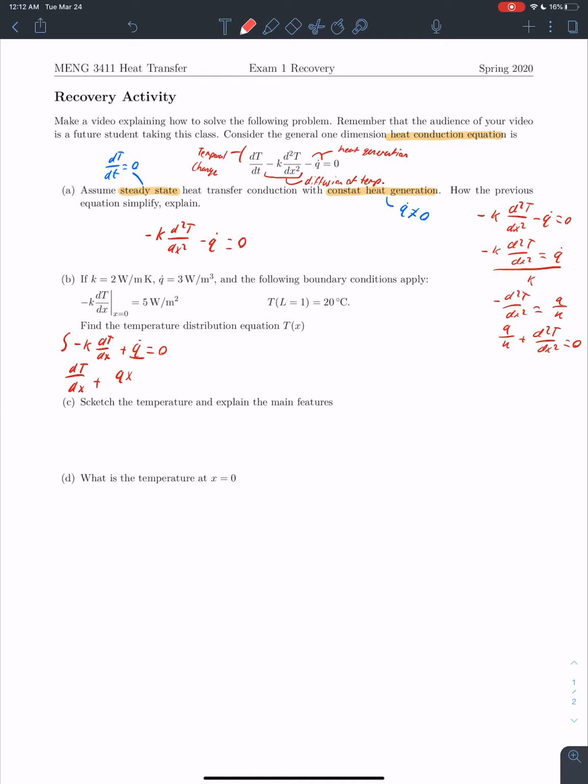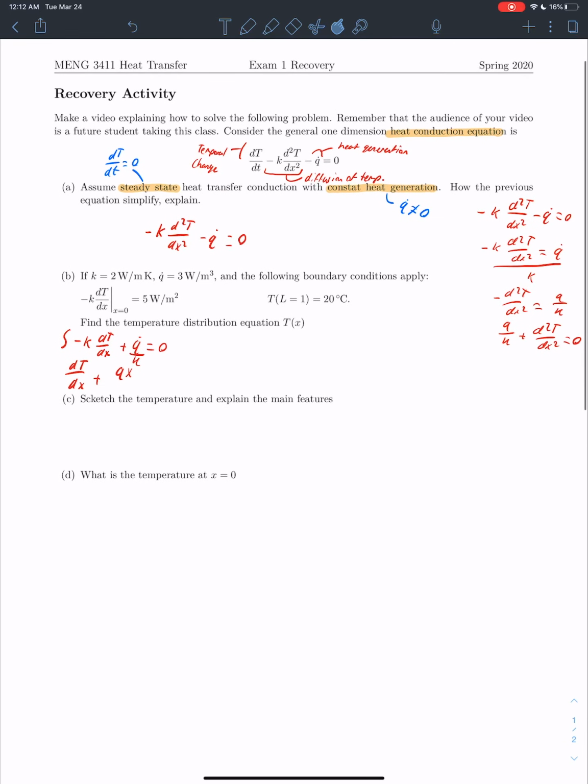First we know that this is k, and we divided by k. The x came from the integration, so plus this constant term. So here's our first integration.